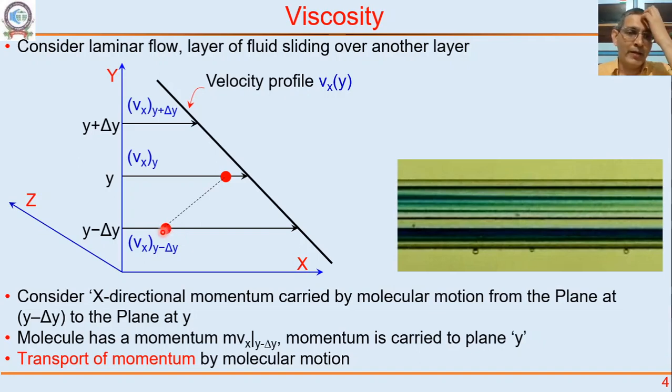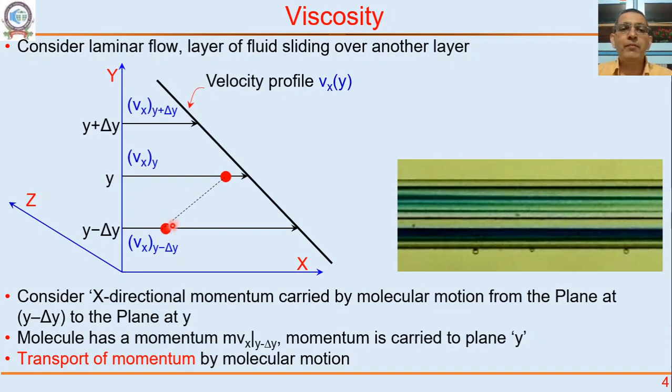And arising out of that random thermal motion, it can travel to another location and collide with the molecules there. If it's a gas, the distance between two successive collisions is related to the mean free path.